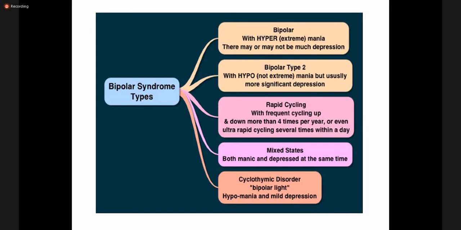In bipolar type 2, there is hypomania, not mania, hypomania and depression. There can be mixed states with both mania and depression at the same time. And yes, during the mixed state, the patient might have psychotic symptoms. Rapid cycling means there are 4 or more episodes per year.